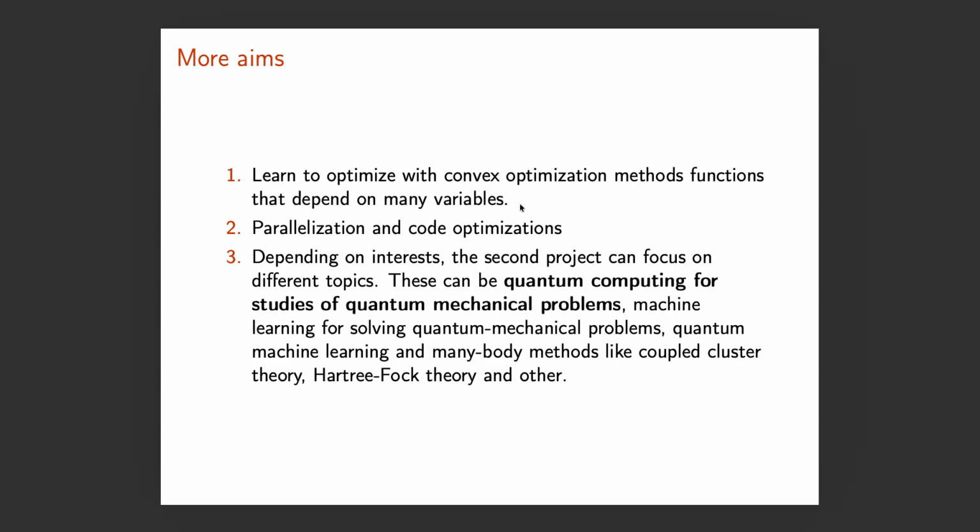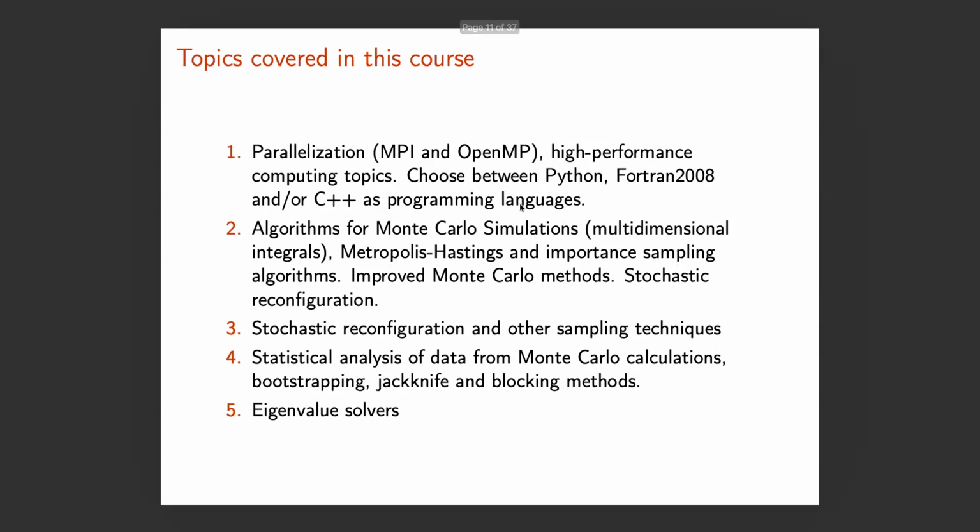But we also have the possibility to switch to other methods than Monte Carlo, which I know some people will prefer, who come typically from applications of wave function-based methods, either from a theoretical physics point of view, applied to condensed matter physics or nuclear physics, or from quantum chemistry doing atoms and molecules. We have methods like coupled cluster theory, Hartree-Fock theory, etc., which is also another possibility for the second project. I'm going to list some of them.